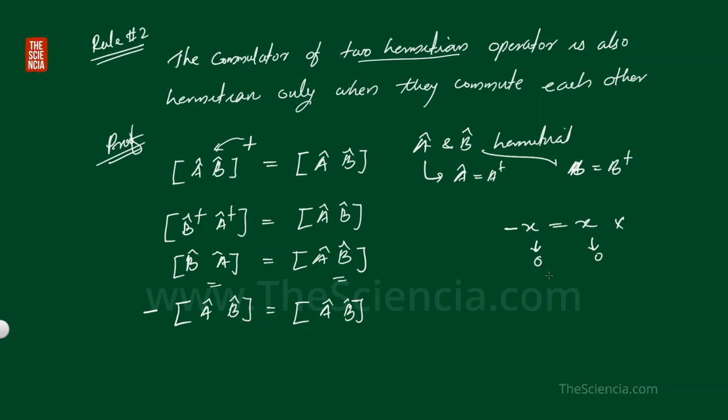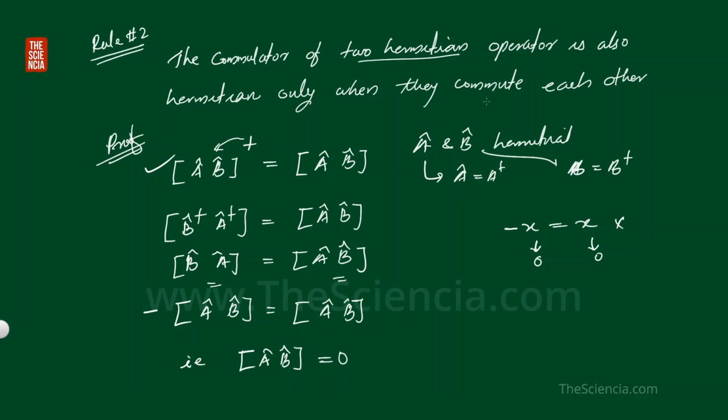In the same way, here the commutator AB should be equal to 0. Then only this rule will be satisfied.